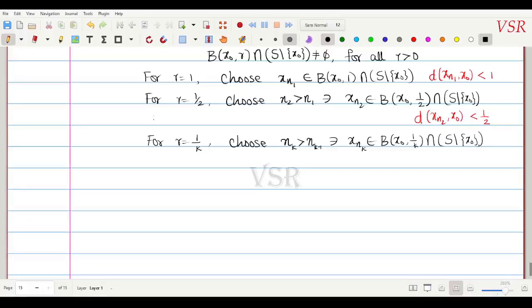The distance between xnk and x0 is less than 1/k.